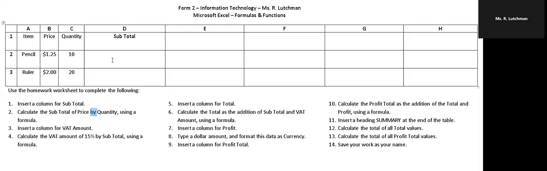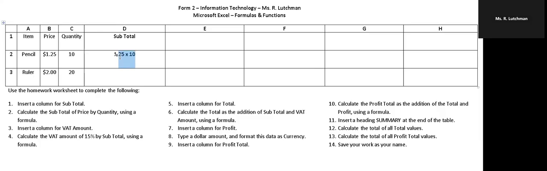All right, let's go to our spreadsheet and let's go to our first set of items. So I'm going to click in D2 under subtotal since we are calculating the subtotal. So D2 would be my first subtotal. And I see the price is 125 and I want to multiply by 10.